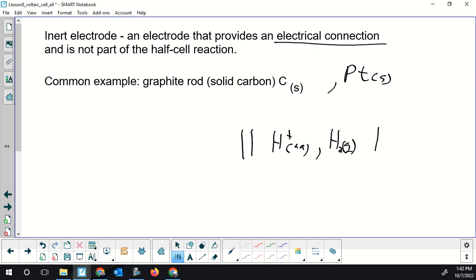But then there's no solid inherent to the half reaction, so you would either see pure carbon or pure platinum written in. I'll pick pure platinum. So that would be the electrical connection into where the aqueous solution and gas is located, but you're going to ignore it in terms of OAs and RAs predicting your chemistry. You will do labs where you have to use inert electrodes.